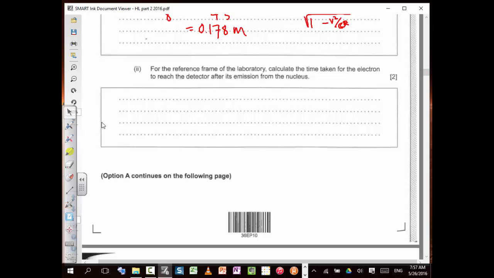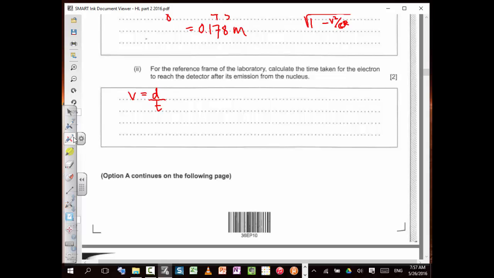For the reference frame of the laboratory, calculate the time taken for the electron to reach the detector after its emission from the nucleus. Well, we use the equation V equals D over T. For the laboratory reference frame, D is 0.8, and T is what we're actually trying to work out. Let's just rearrange this first.